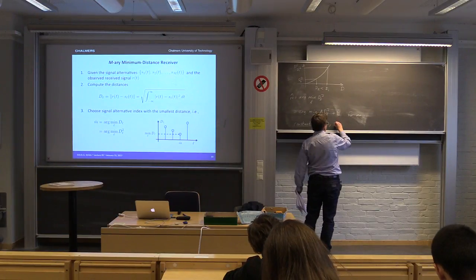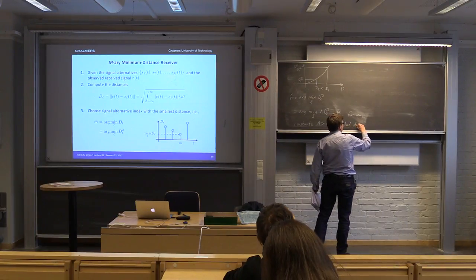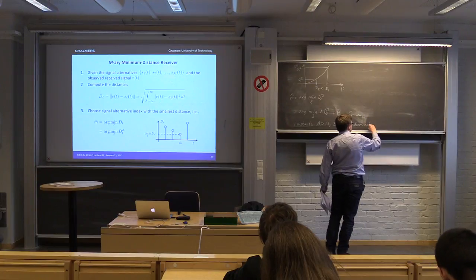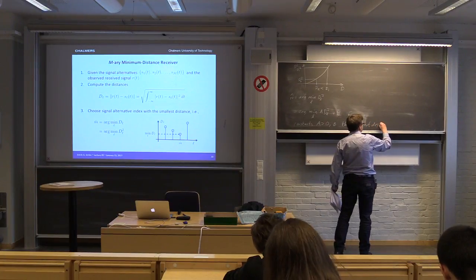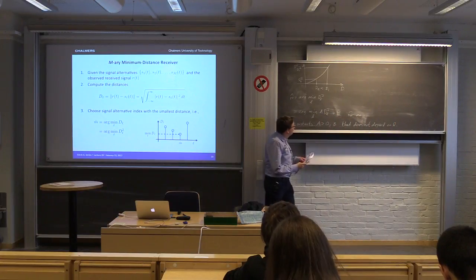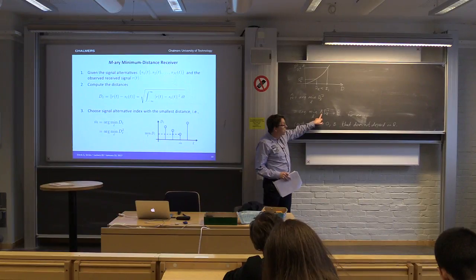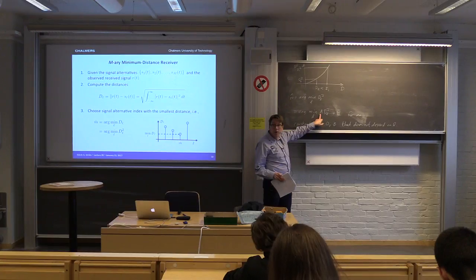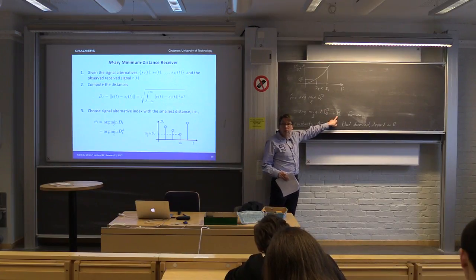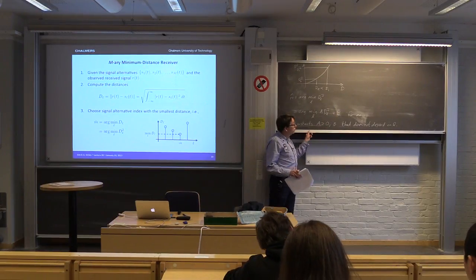And B, that does not depend on L, of course. I mean, this cannot be a function of L, because then things are different. Then we multiply the different distances with different numbers, and who knows what's happening, right? Same thing, B cannot depend on L, because then we add different numbers to the different alternatives. That doesn't work either.